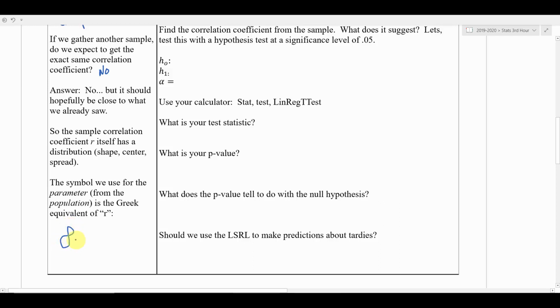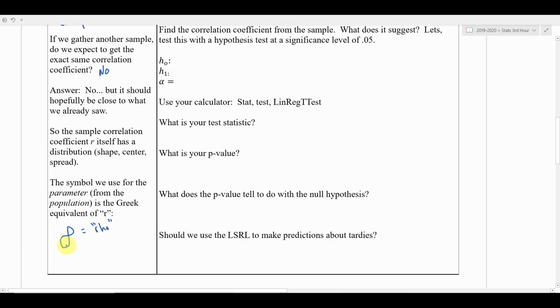It looks like a P with a big, huge loop for a tail, and it's actually the Greek letter rho. I will try to accentuate that tail. In the textbook it's not this accentuated, but that's what it is.